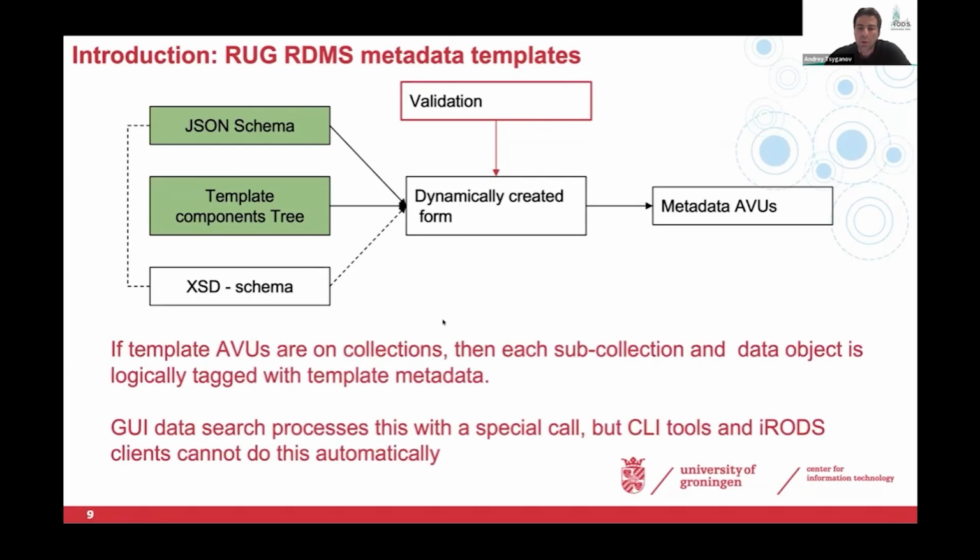For instance, we made a choice to tag the top collection and then artificially decide that all the data underneath is tagged with the same metadata template. If there is another metadata template inside this collection, then the lowest metadata template is the main one for the objects beneath.